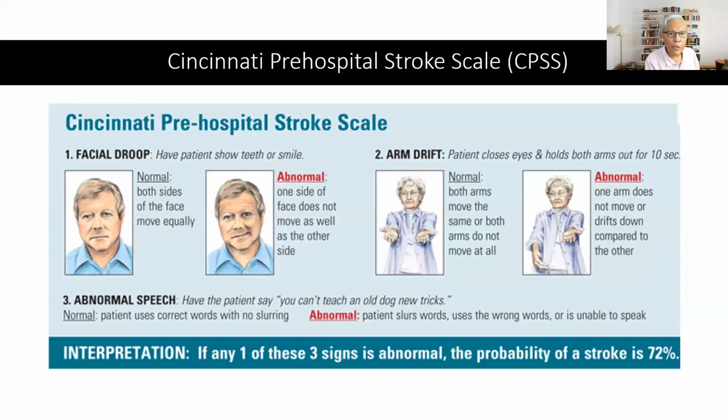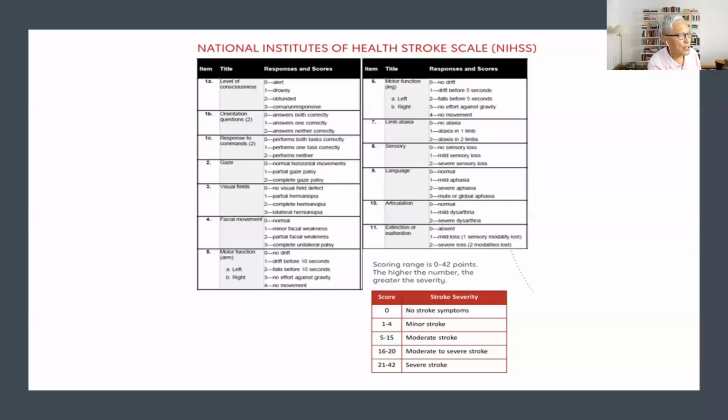And one of the requirements is that they all have to finish the NIH scale, all right? And so the NIH scale is going to evaluate the patient's neurological state. So this is the NIHSS.